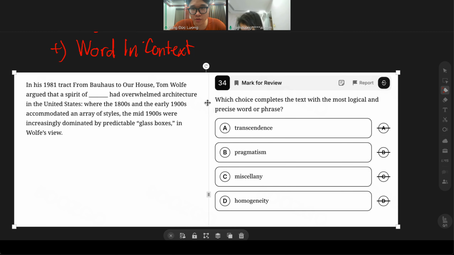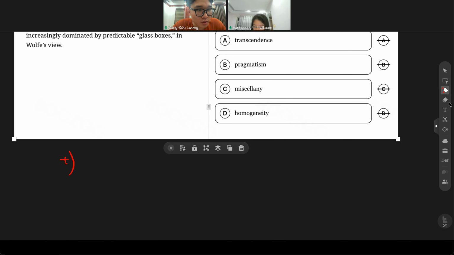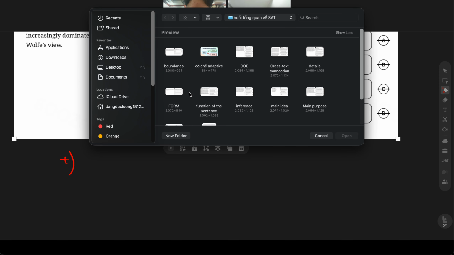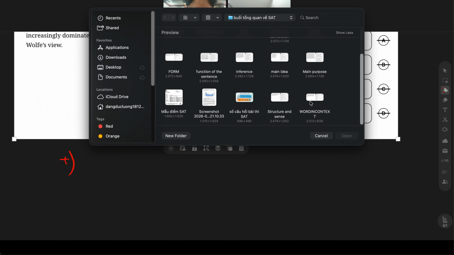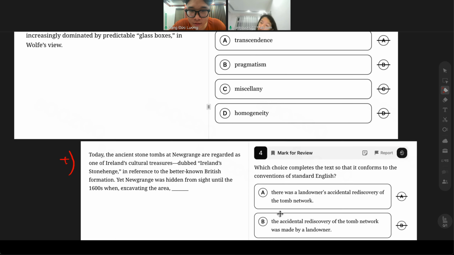You will have to find the suitable word for the blank here. The next kind of question you will encounter in craft and structure is the structure and sense question.